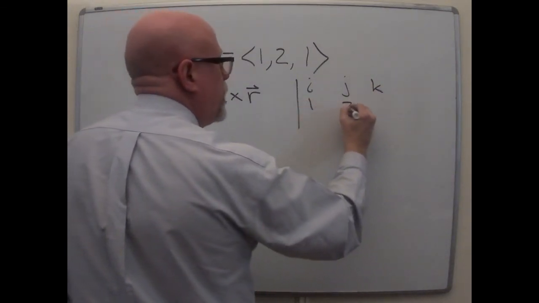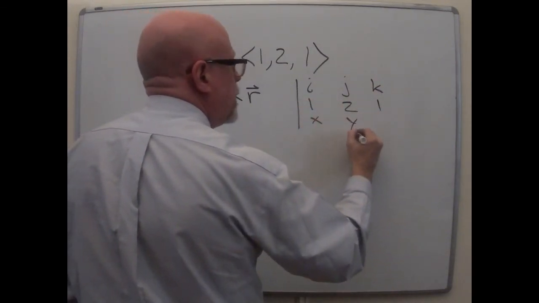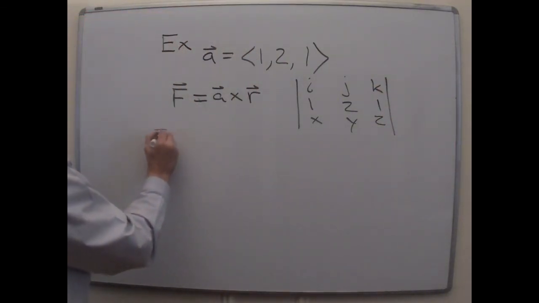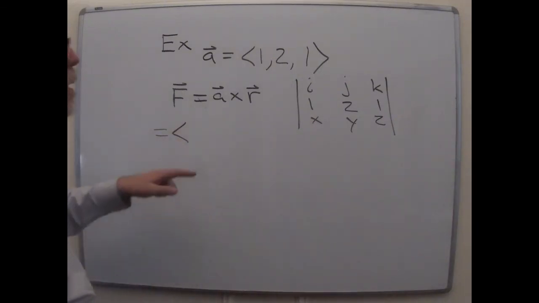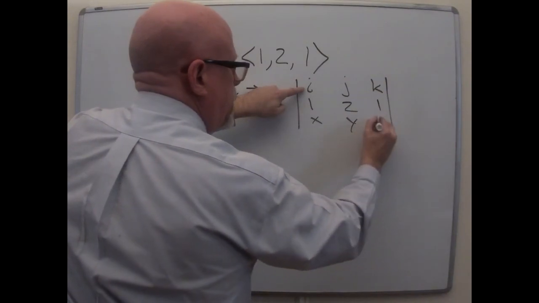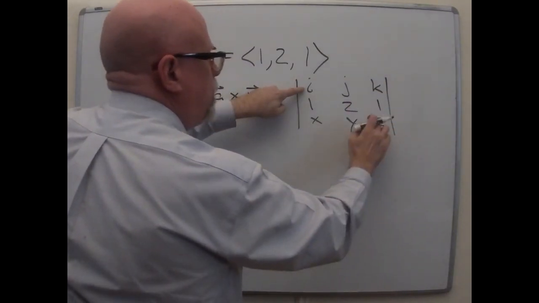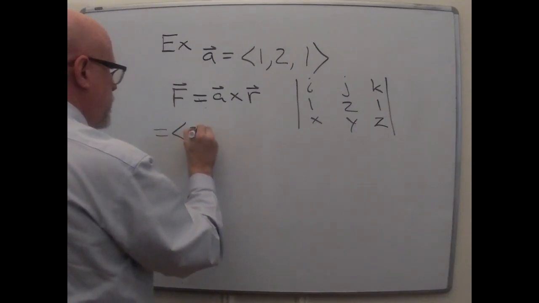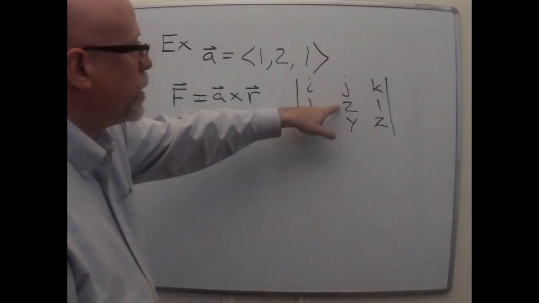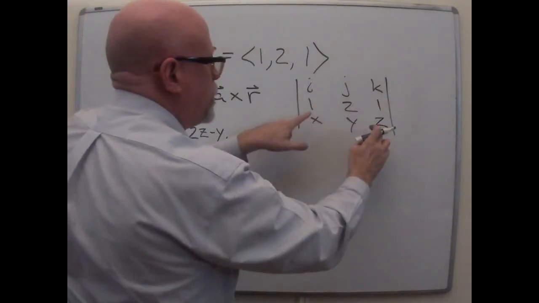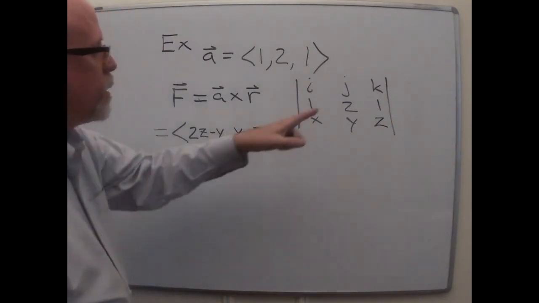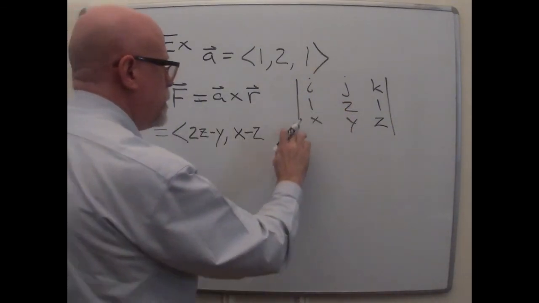So A was 1, 2, 1, R is X, Y, Z. What does that come out to be? In the i coordinate, we'll have, man, my writing is sloppy. That's a Z on the end. 2 times Z minus Y, so 2Z minus Y is the X coordinate. And when we go to do j, it's going to be 1 times X, so it's X minus Z in the Y coordinate. And for k, it's Y minus 2X.